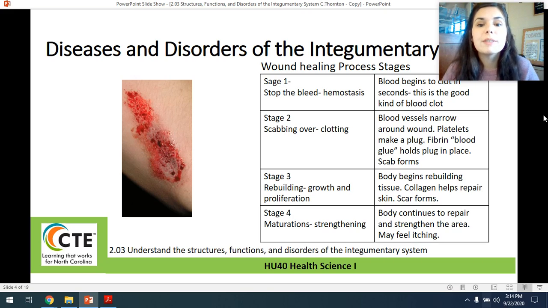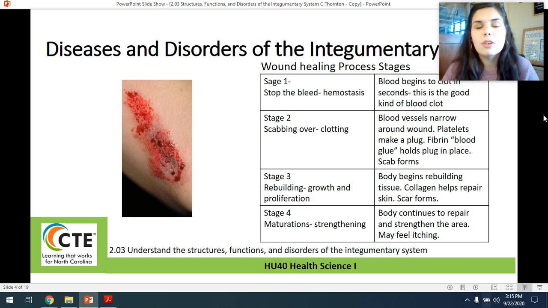Next, you may see some scabbing over, which is another type of clotting, and this is where the blood vessels are narrowing around the wound and platelets start to form a plug. Fibrin is a particle found in our blood, which is basically blood glue because it holds everything in place, and then a scab forms. Stage 3 would be the rebuilding or the growth or proliferation stage.